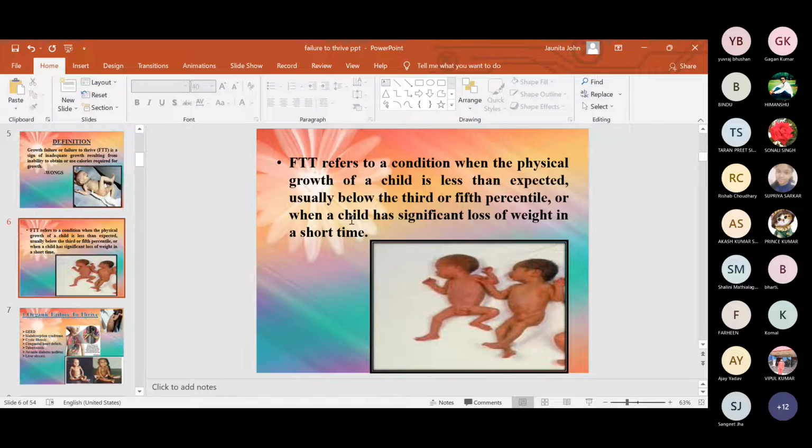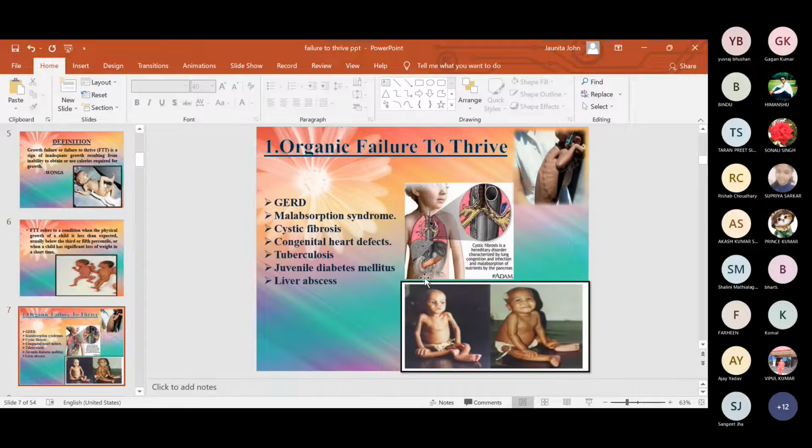As I told you all, how much the child should grow, that much the child is not growing. That is a deficiency in that baby, usually below the 3rd or 5th percentile, or when a child has a significant loss of weight in a short period of time.